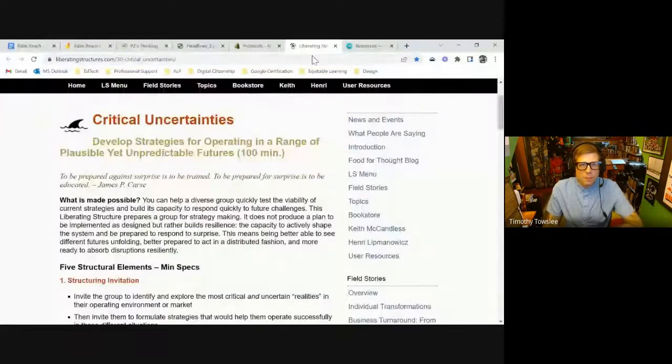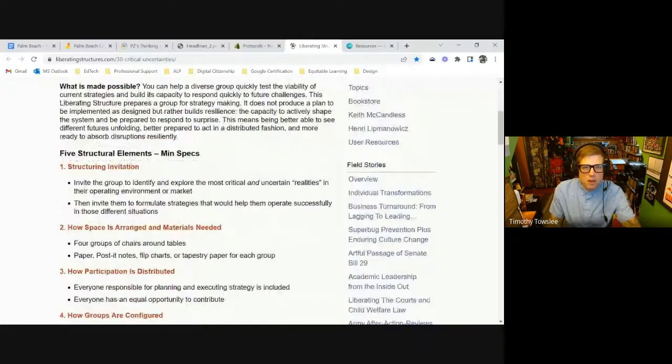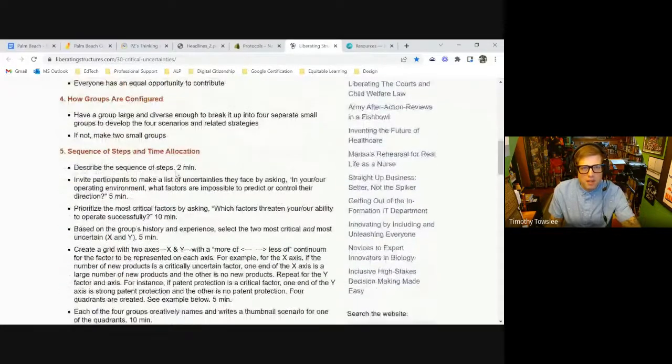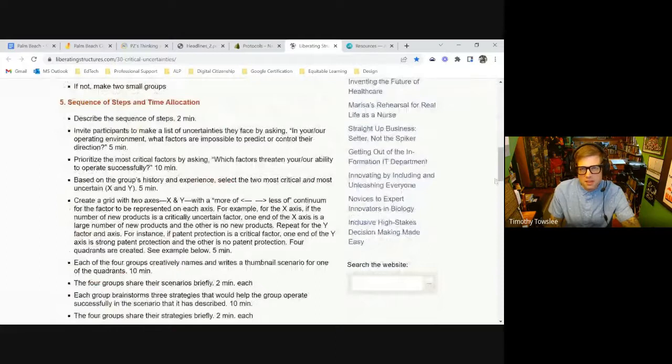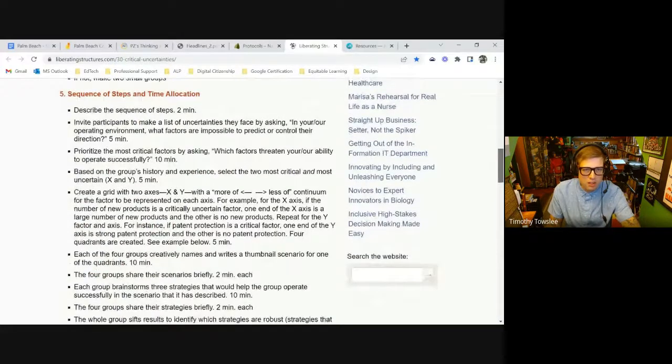It's a tool much like the others that you've seen. You might see a pattern here. But what I really like about this one is that it talks about how it's structured, with the sequence and steps and time allocation that is there.